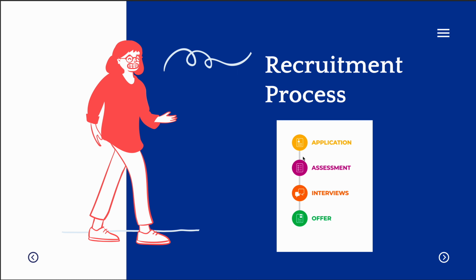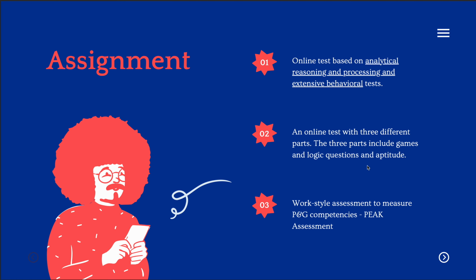As we said, after resume shortlisting, we have a special assessment. So what is this assessment for P&G? There is an online test based on analytical reasoning and processing, and an extensive behavioral test.